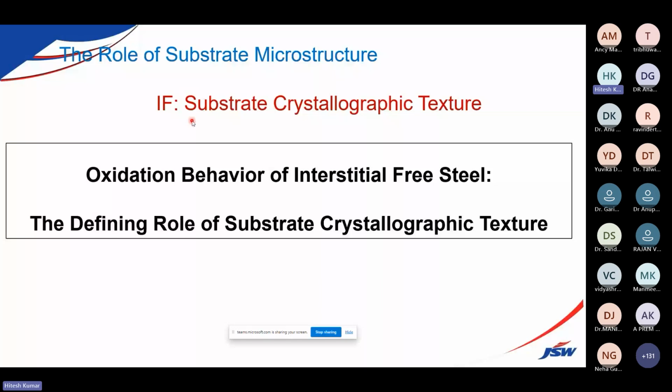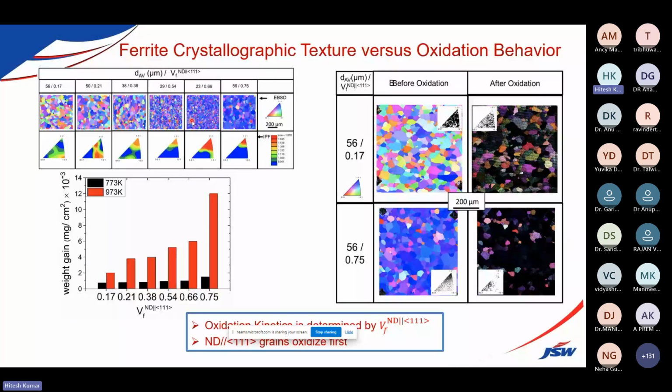Again, with the help of thermomechanical processing, playing with the cold rolling and annealing parameters, we generated a material having a grain size of around 56 and the texture ND parallel to <111>, which in our daily studies we call the gamma texture, which is basically good for formability.